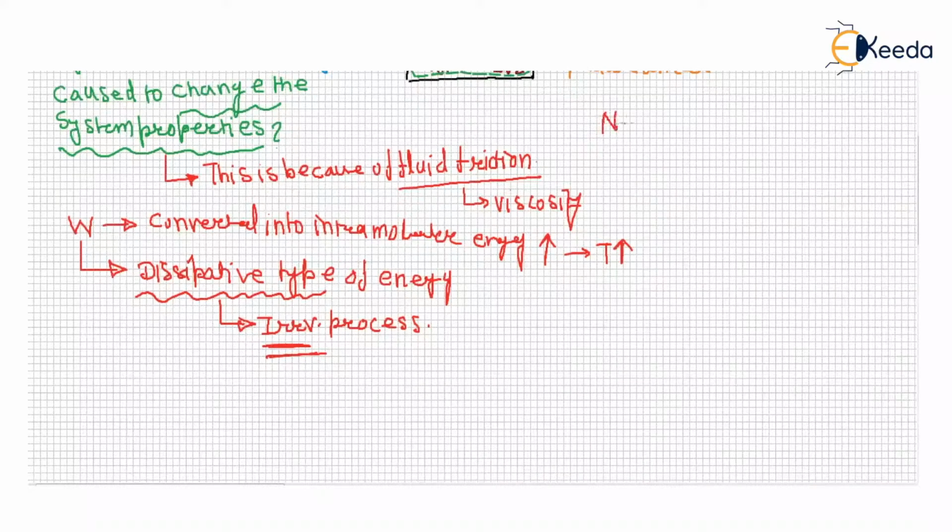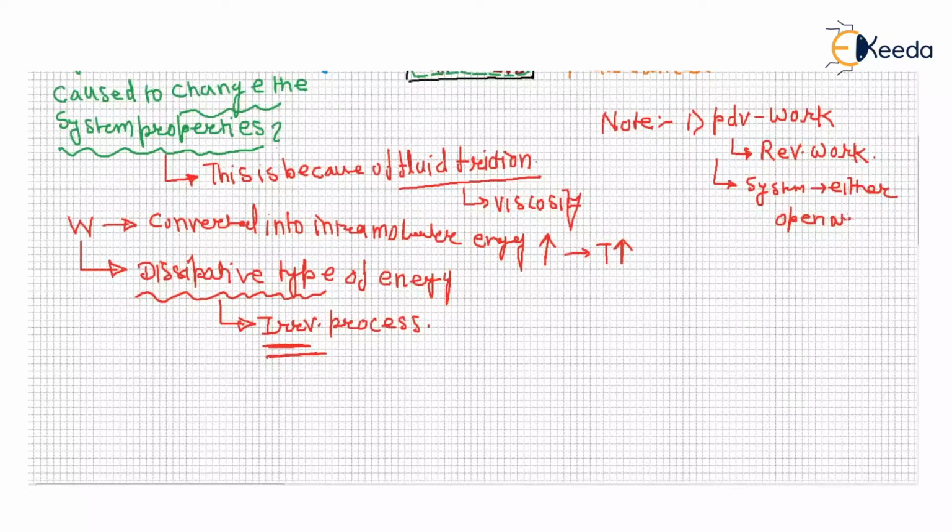So note number one, PdV work is reversible work, and the system is either open or closed, and the substance is simple compressible.